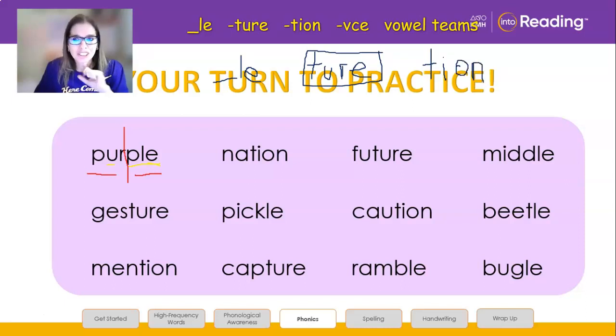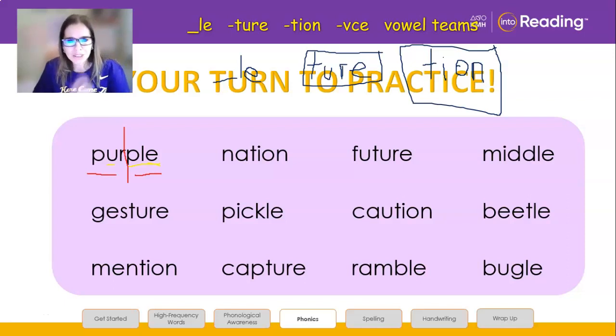TION, shun. This final stable syllable stays together at the end. So make sure to look for those as you do some multi-syllable decoding using your multi-syllable two-step and what you know about final stable syllables and vowel teams and, of course, vowel separated E.